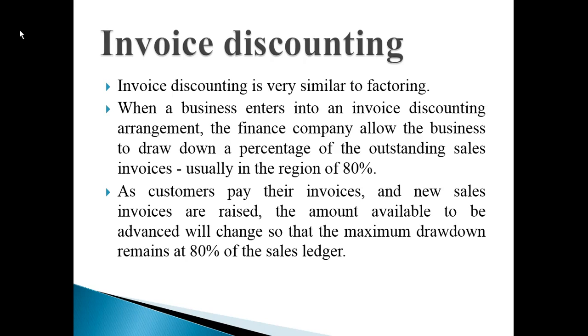When a business enters into an invoice discounting arrangement, the finance company allows the business to draw down a percentage of its outstanding sales invoices, usually in the region of 80%. As customers pay their invoices and new sales invoices are raised, the amount available to be advanced will change so that the maximum drawdown remains at 80% of the sales ledger.